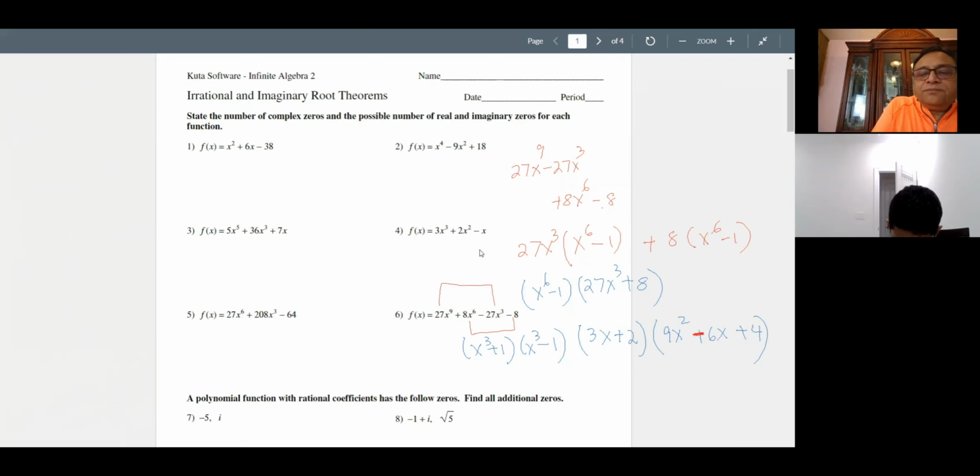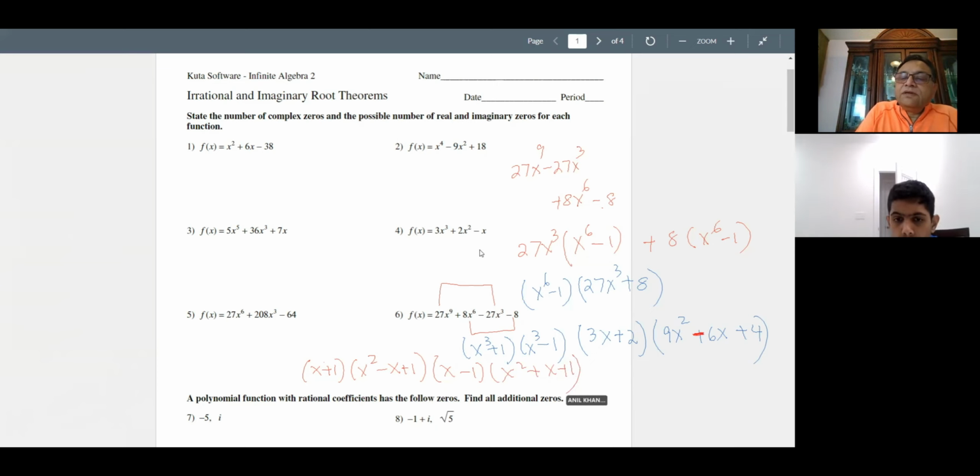So we get x plus 1 times x squared minus x plus 1, and then we have x minus 1 times x squared plus x plus 1. And then we have these two factors, 3x plus 2 times 9x squared minus 6x plus 4. 9 times 4 is 36, we want minus 6.